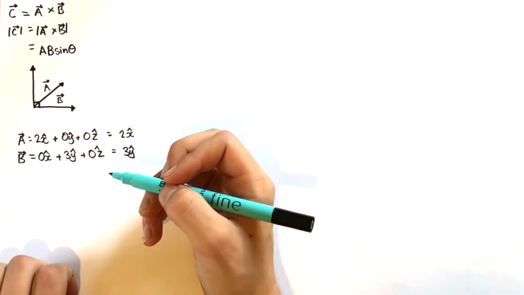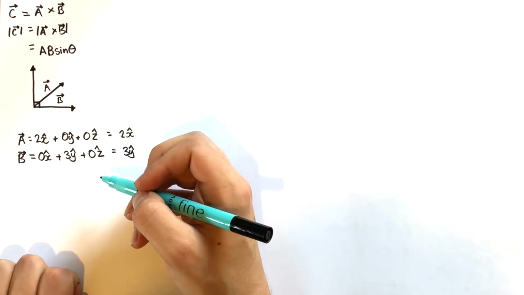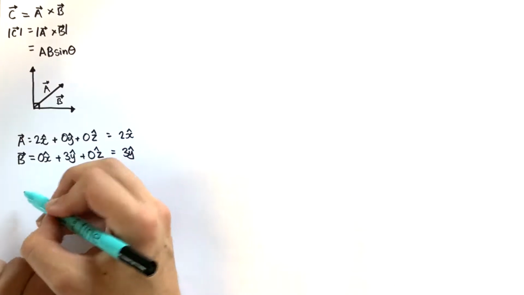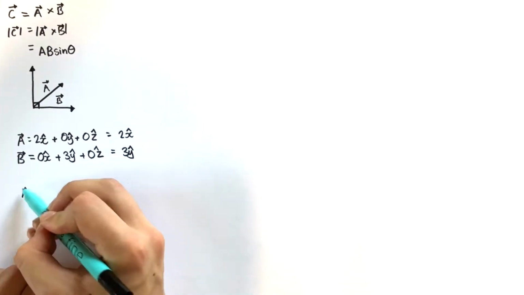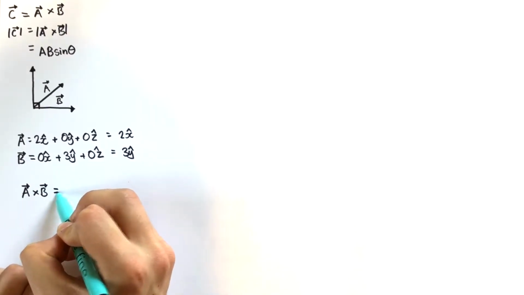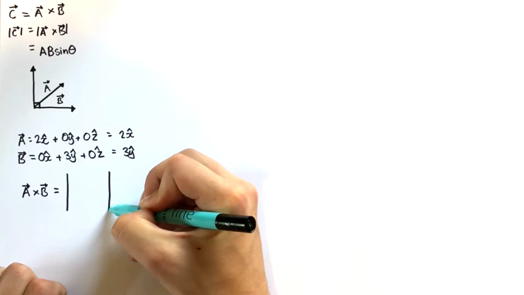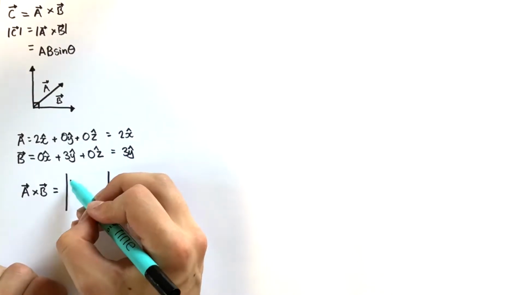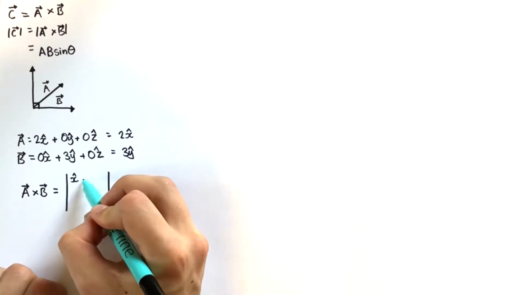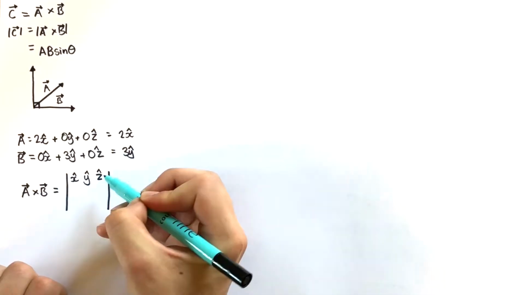Well, we can write the cross product of two vectors in the form of a matrix determinant. And what do I mean by that? Well, I mean that A crossed with B is the determinant of the matrix that is formed by taking the x hat unit vector, y hat unit vector, and z hat unit vector.